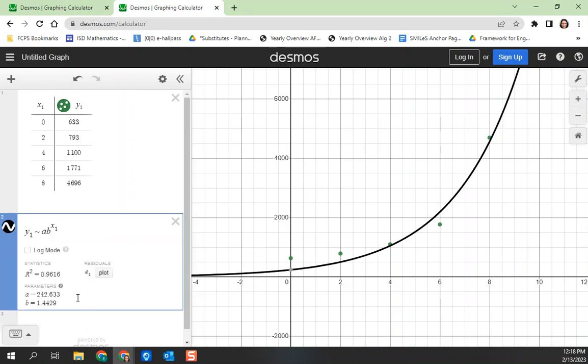And then you want to write down your values for A and B, and then write the equation with those. Yes? So in the equation, the exponent is x. But then, oh, I see what you're saying, like when you answer the actual question. We're going to work on answering the question afterwards because this time we're substituting a y value and not an x value. Yeah.